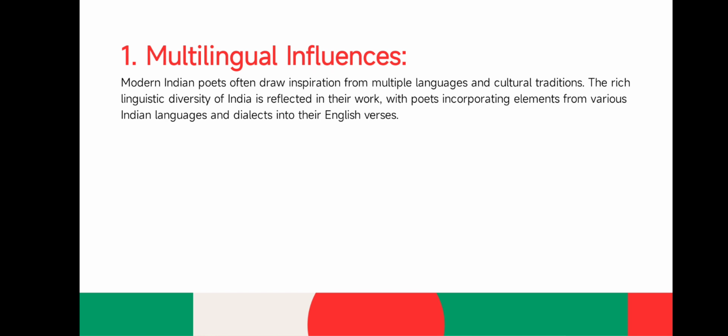For example, if a person is writing in Gujarati, some elements of Marathi, some elements of Punjabi might be there in his poetry as well. Again, these multilingual influences are a result of a modernized or globalized India, as we call it.